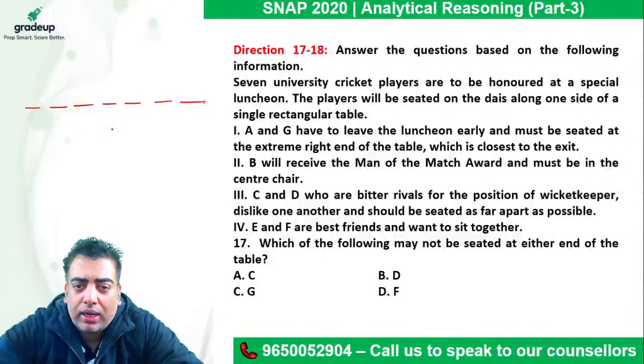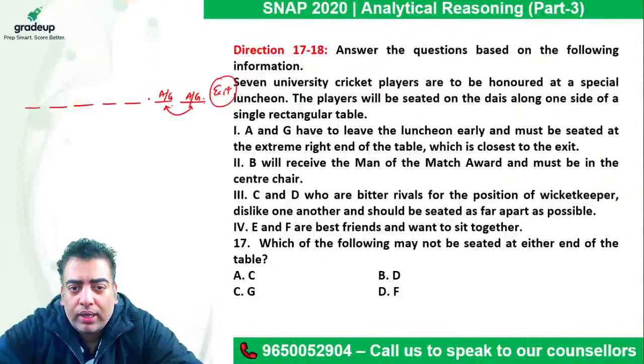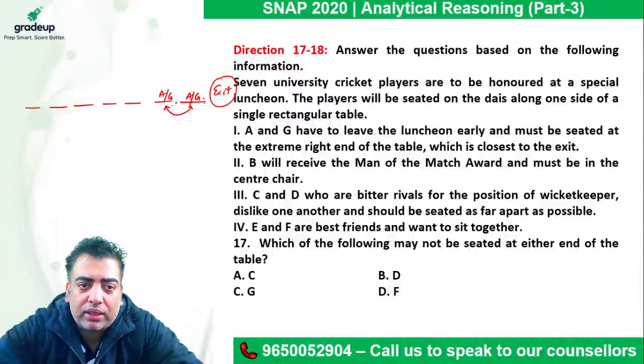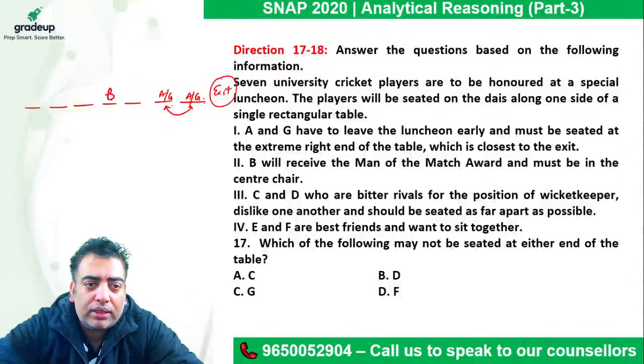A and G have to leave the luncheon early and must be seated at the extreme right end of the table, which is closest to the exit. So A and G should be seated here, but we do not know the order. So I am writing A and G here for these two positions. B will receive the man of the match award and must be in the center chair. So this is the center chair for man of the match award.